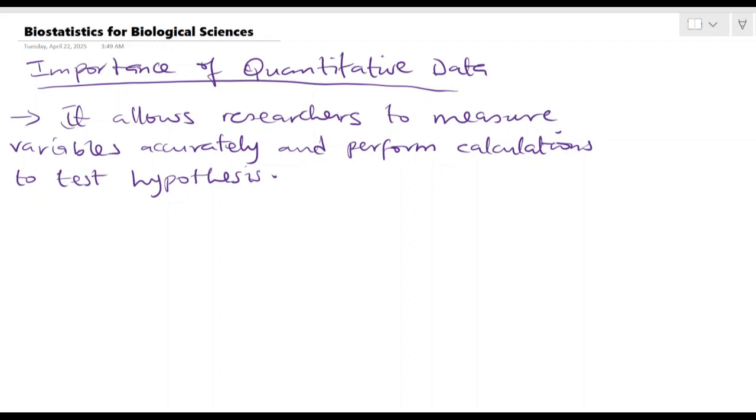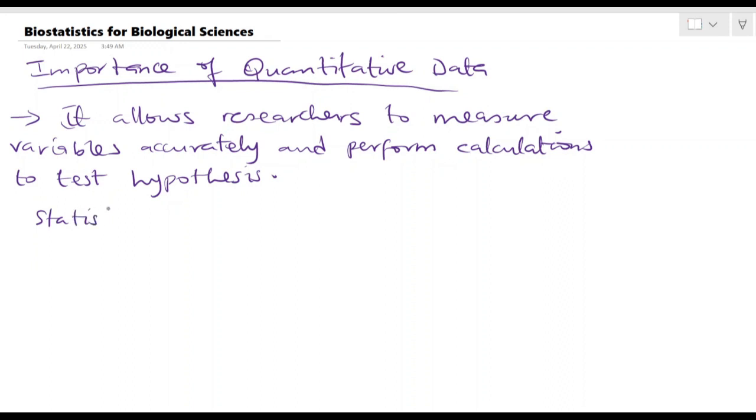Then discrete data, how is it analyzed? What statistical tool do you use for the analysis of discrete data? So how is discrete data analyzed?